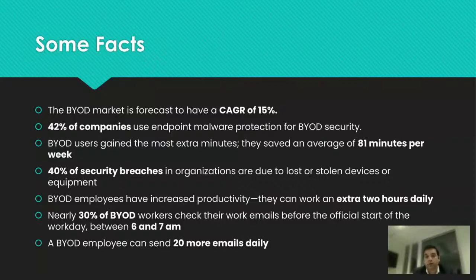And 30% of BYOD workers globally access their work emails right when they wake up, between 6 a.m. and 7 a.m. And you realize that you are actually doing it every morning also. A BYOD employee can generally send 20 more emails daily, because you are productive on the phone, on the go. So these are facts that industry researchers have proven.